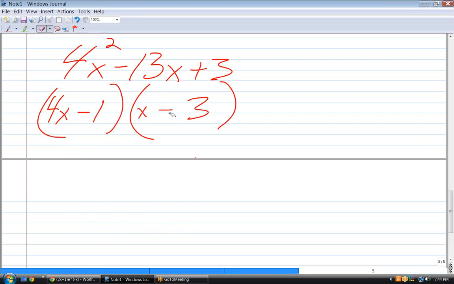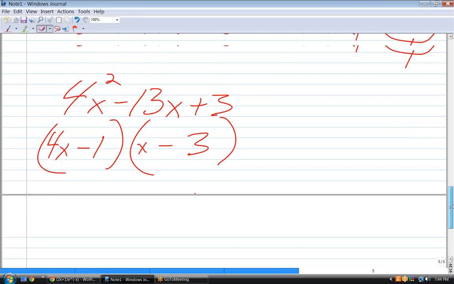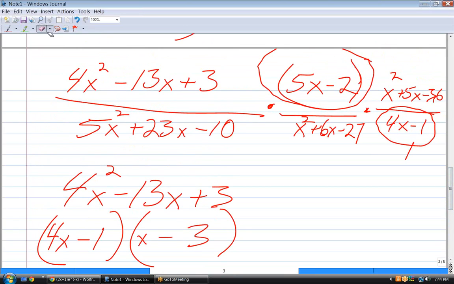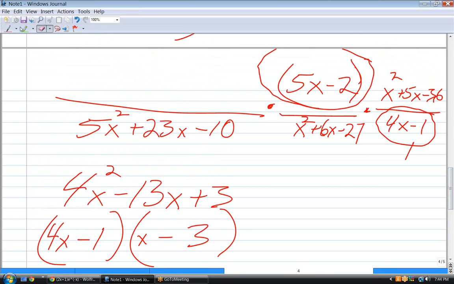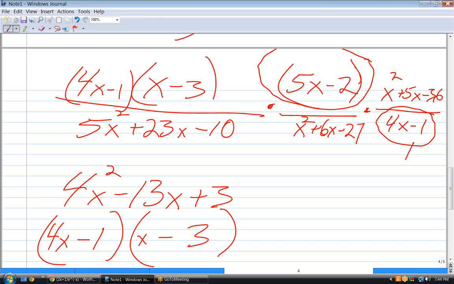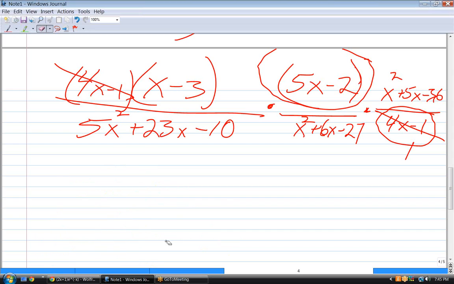So I can split this into these two things. I'm going to go back up here and erase that and replace it with 4x minus 1 times x minus 3. And we can already see that this 4x minus 1 is going to cancel out with that 4x minus 1 over there. So now let's work on factoring the bottom, the denominator.